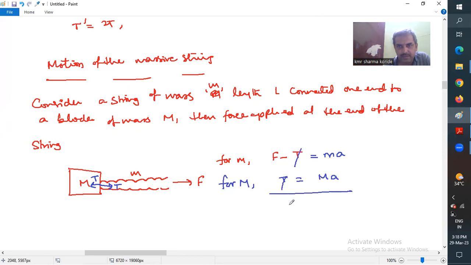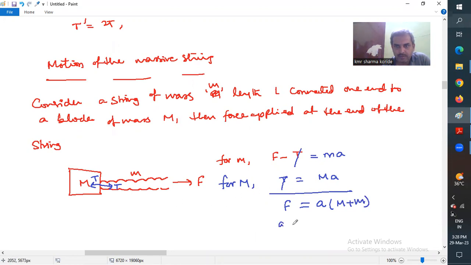Then tension gets cancelled. So F is equal to, taking out common a, a of m plus capital M. So we can even find out tension also.